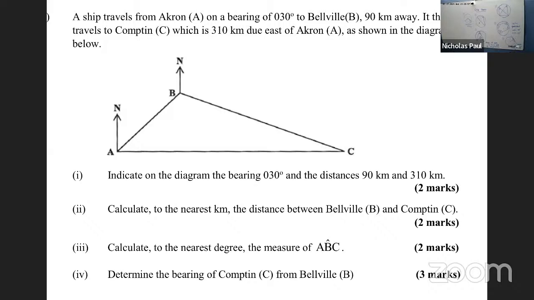Take your time. Put all the info in the diagram and start working it out.